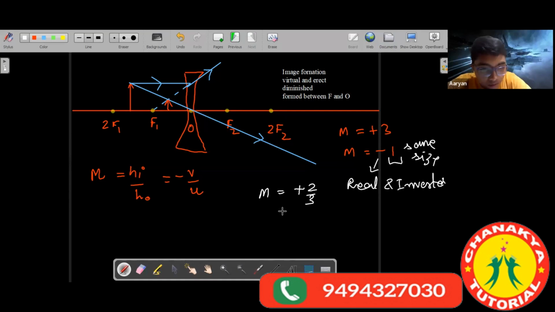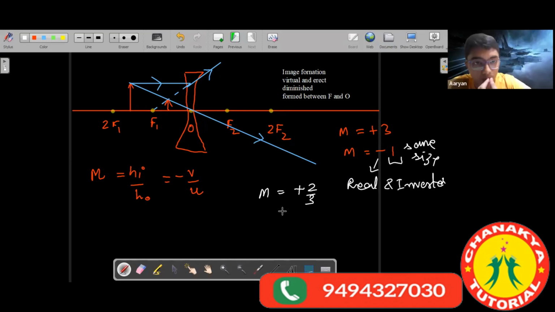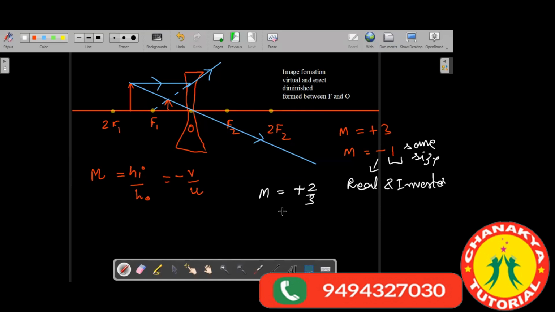The image is diminished, virtual and erect. Which lens does this refer to? Concave lens.